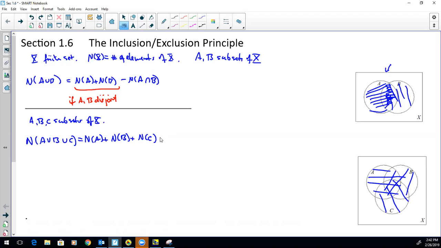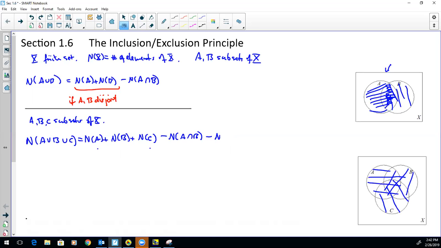Now like before, when we count things in A and count things in B, we've counted the stuff where they overlap twice. So we don't want to count that twice. So we'll subtract off the number of things in the intersection of A and B. When we count stuff in set A and stuff in set C, we've counted the things where they overlap twice.